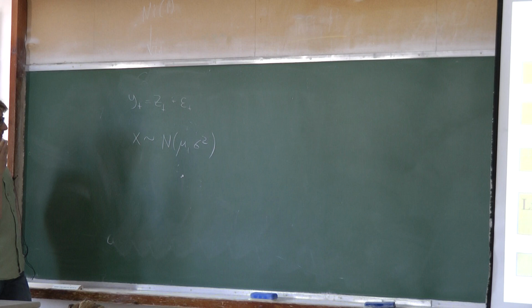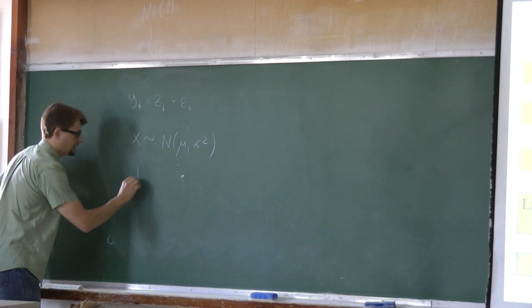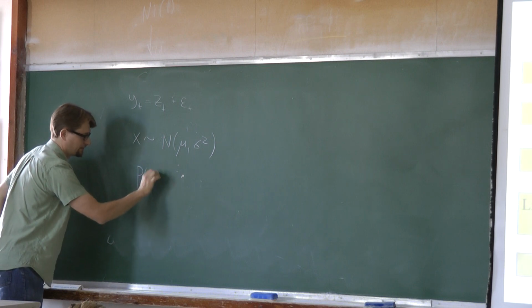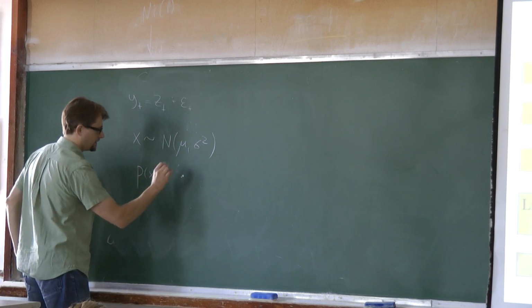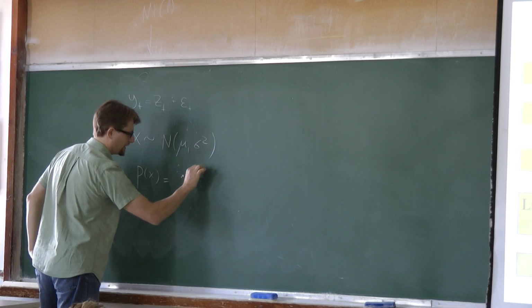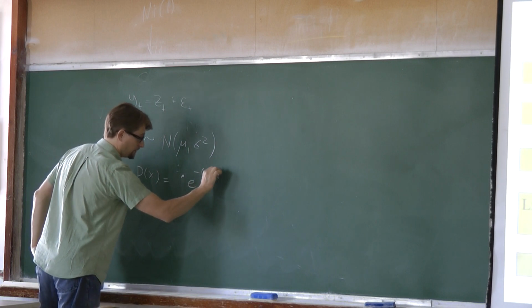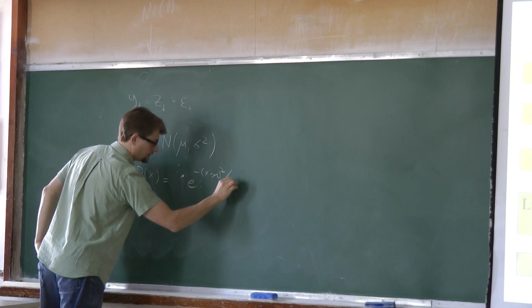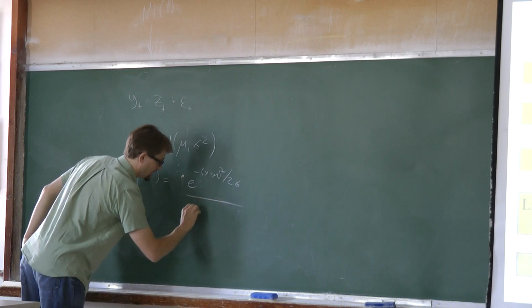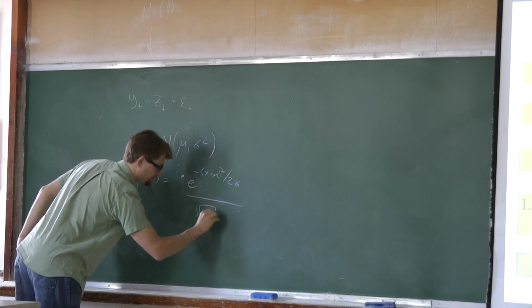But then it has a probability density. All probability distributions have a density. So in this case, the density at the given value of x would be e to the minus (x minus mu) squared divided by 2 sigma, divided by the square root of 2 pi sigma.